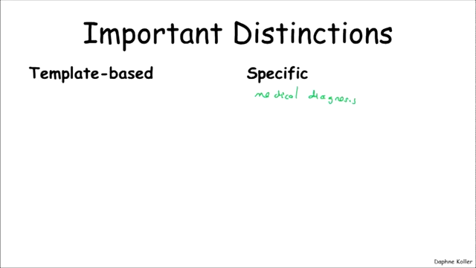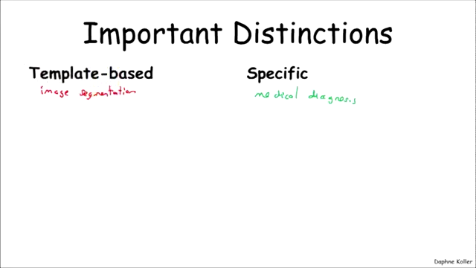On the other side, on the template-based side, you have things like image segmentation, where you really are going to want to deal with drastically different images within the same model, and that's going to be template-based. There are all sorts of applications that sit in between those two, and you can go either way or incorporate elements of both.